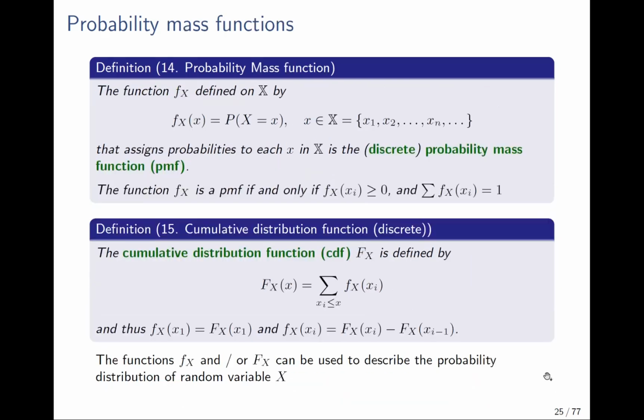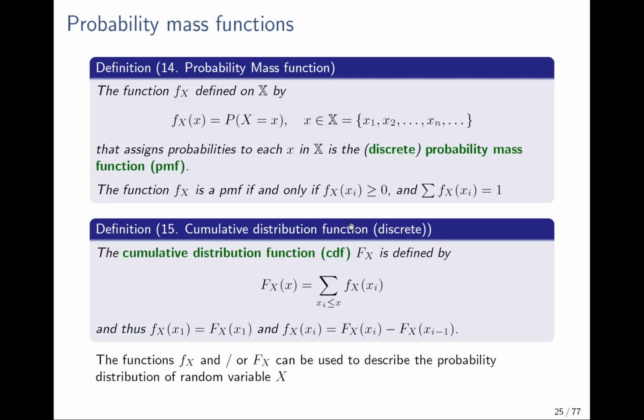Okay, so in the discrete case, we have the probability mass function. This is the function defined on the support of the distribution that tells us the probability of x taking some specific value in an appropriate range of x. So it's assigning probabilities to each value that the random variable x can take. This is in the discrete case.